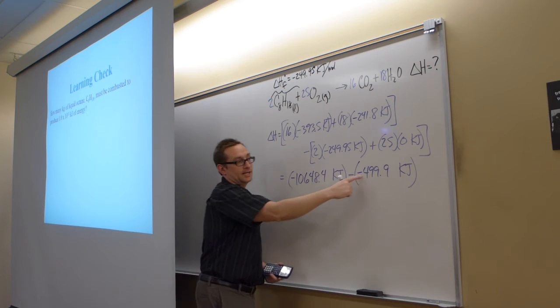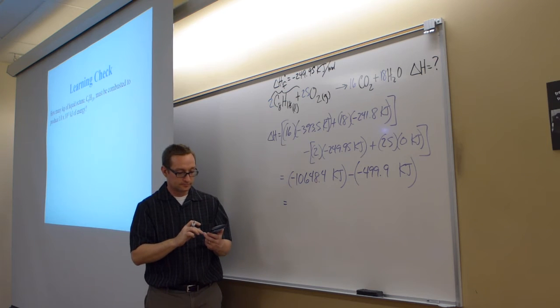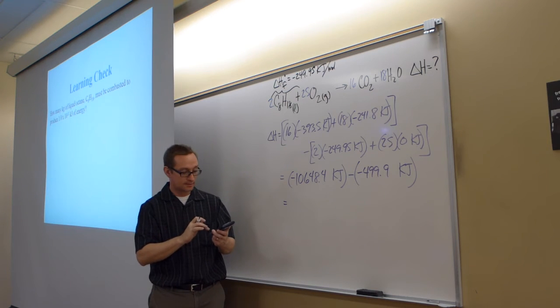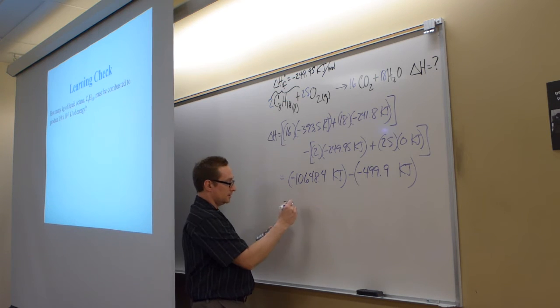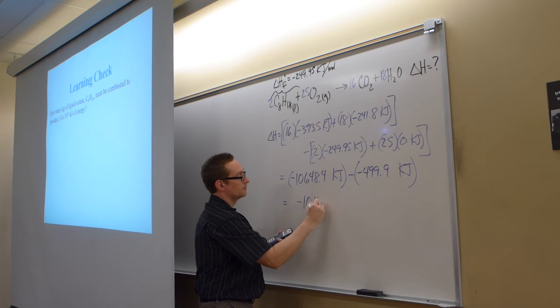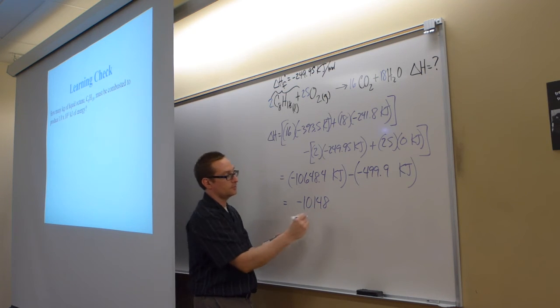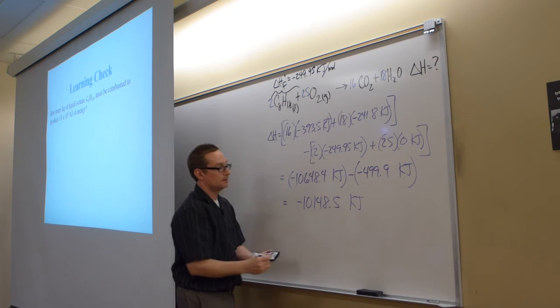This turns out to be negative, so we're going to add that. So negative 10,648.8 plus 499.9. So you would get a negative 10,148.9 kilojoules.